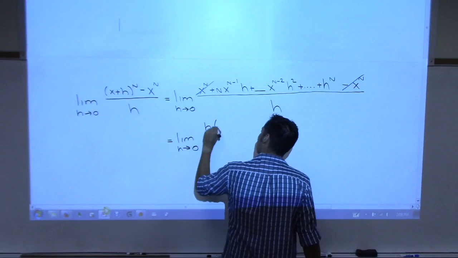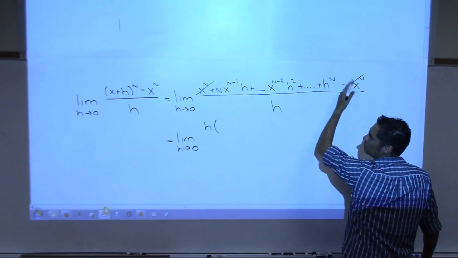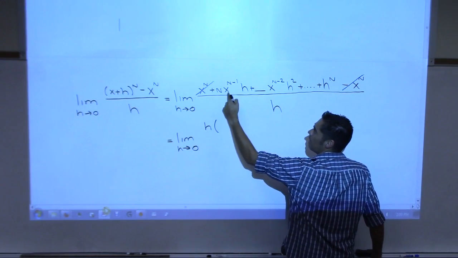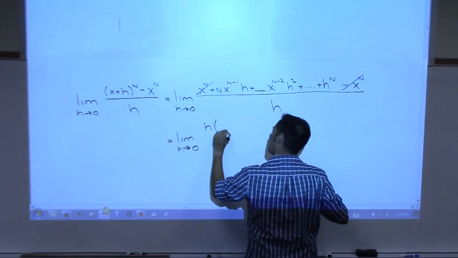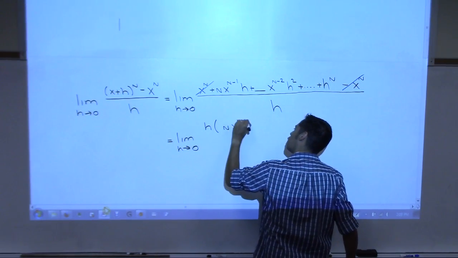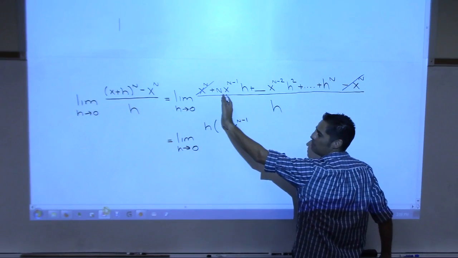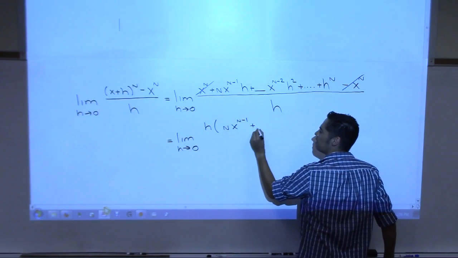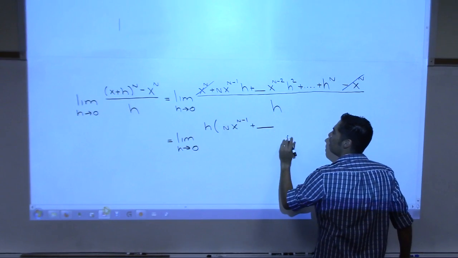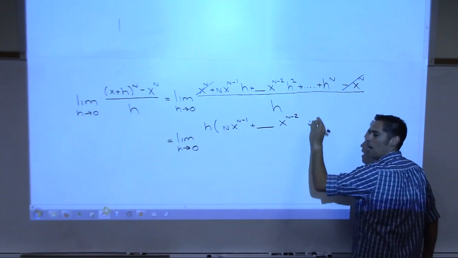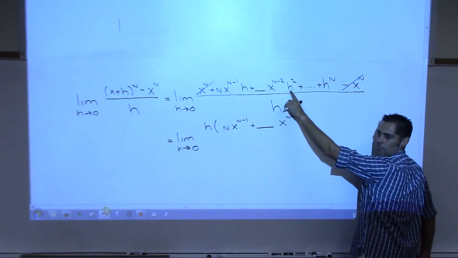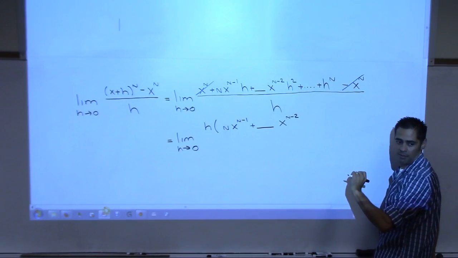Look, h comes out. What is left up here? Well, the n's here. The x to the n minus 1 is there. I should probably put the n, right? n x to the n minus 1. I pull the h out. It's gone. On the next one, I said there was a number. I conceded that. I'm not messing with the x, right? So this is x to the n minus 2. I pulled a single h out. Just one of them, which means there's one left, right?